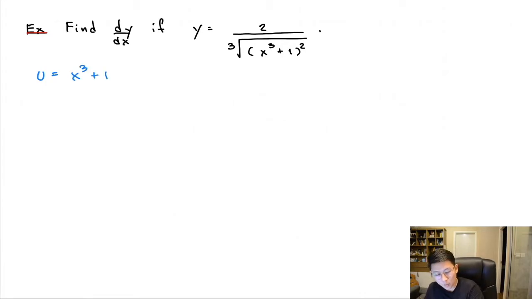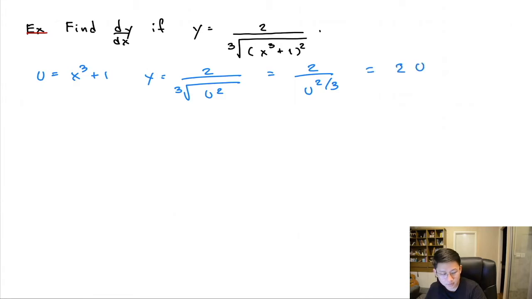So y is actually 2 divided by the cubic root of u squared, which is 2 divided by u to the power of 2 divided by 3, which is 2u to the power of minus 2 divided by 3. As I told you, put things upstairs.